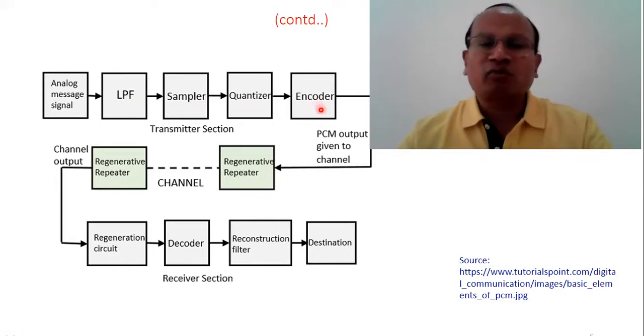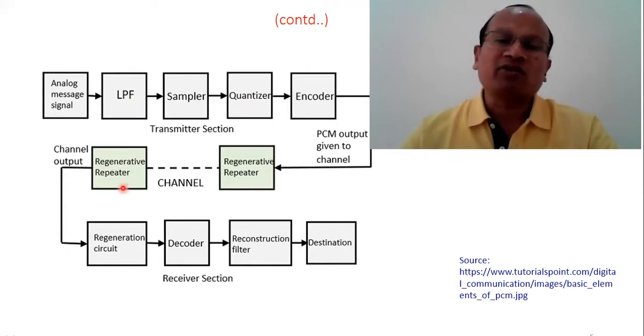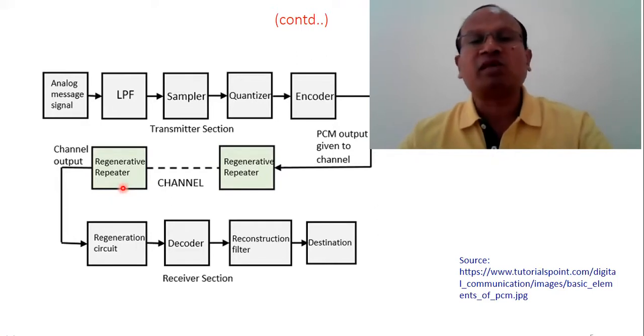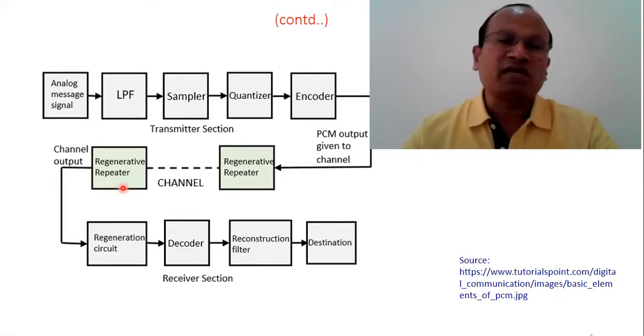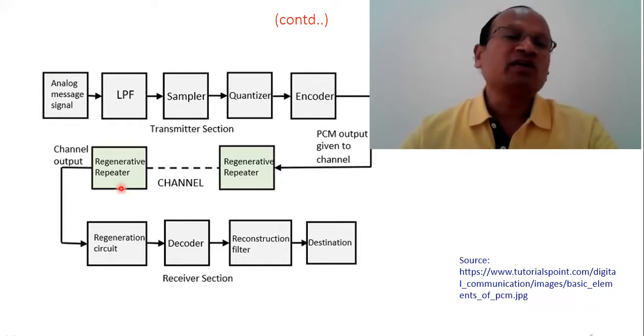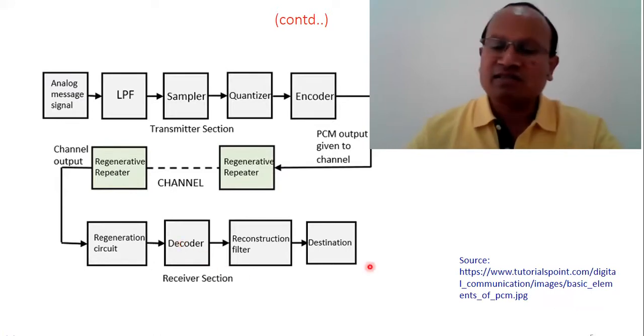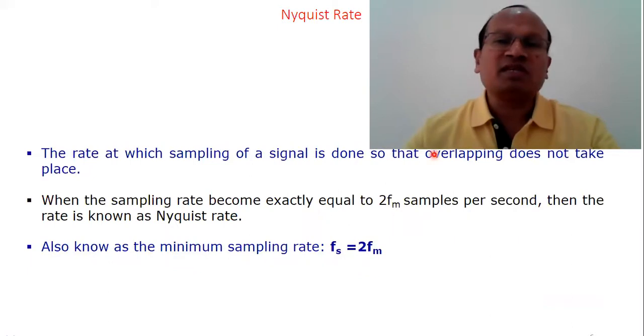We get the PCM output, then we transmit it through the channel, but via the channel there are a number of regenerative repeaters used to strengthen the signal, because in the channel there are a lot of possibilities of signal degradation. So the signal gets boosted by using regenerative repeaters. And then we use the decoder, reconstruction filter, and destination. This is the block diagram of PCM.